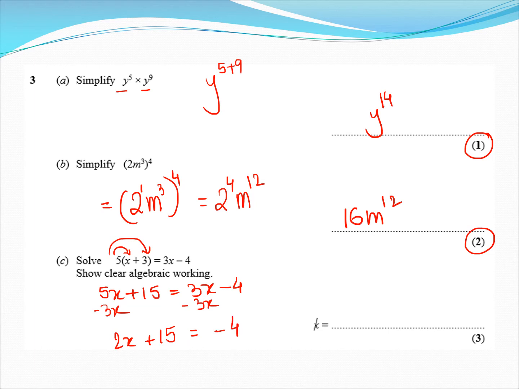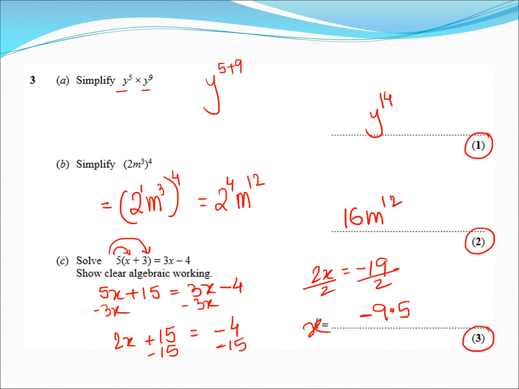Now I'm going to remove the positive 15, so I'm going to minus 15 on both sides. That will leave me with 2x is equal to negative 19. Now I need to remove the 2, so I'm going to divide by 2 on both sides. So x is going to be negative 19 divided by 2, which is negative 9.5, and that gives you your 3 marks, right?